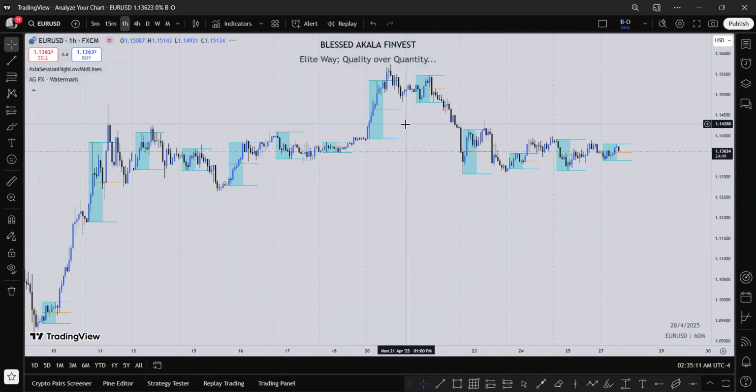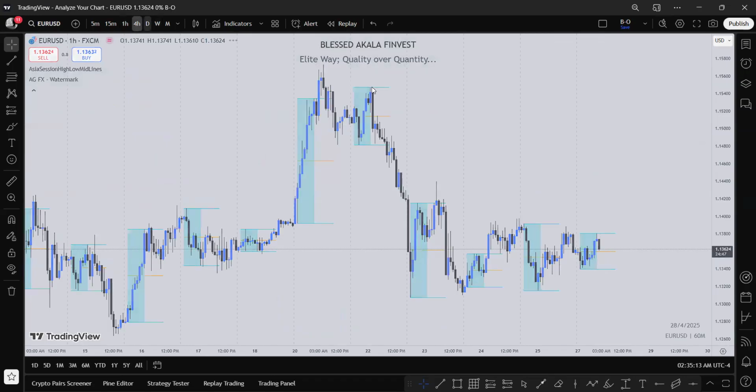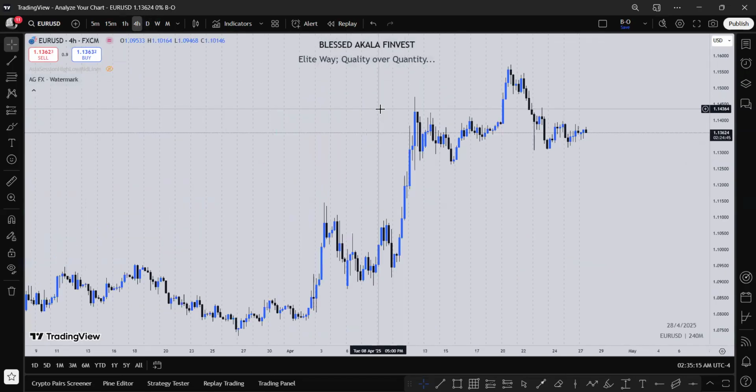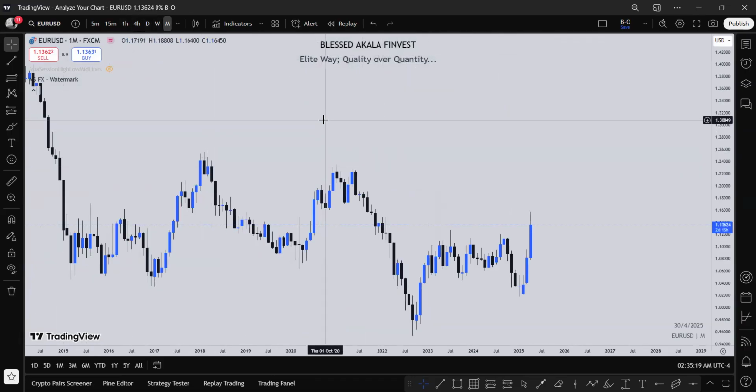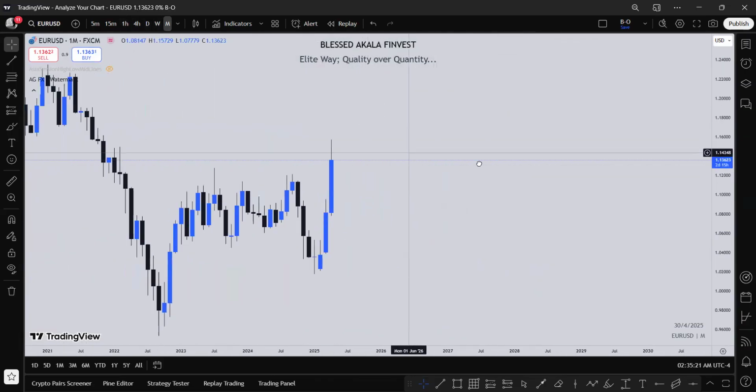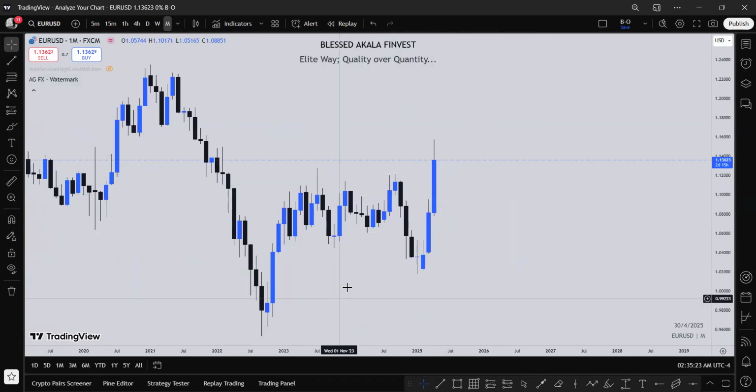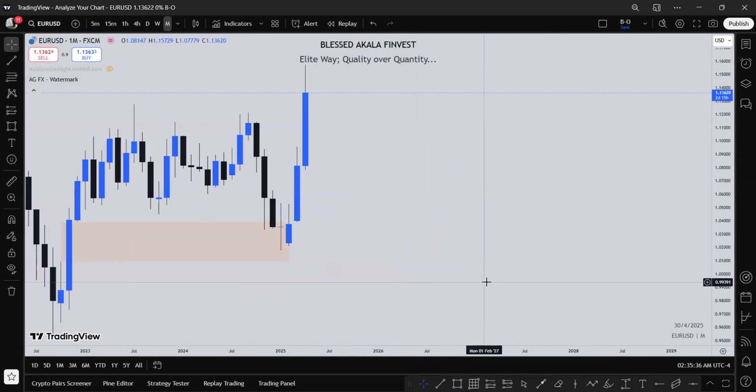What we're going to do is use structure this morning. But before we use structure, I want us to go to monthly and do some analysis. Okay. So we have monthly here, and we have this level, this fair value gap, which has been properly fulfilled on monthly.